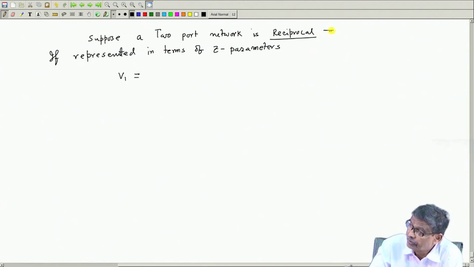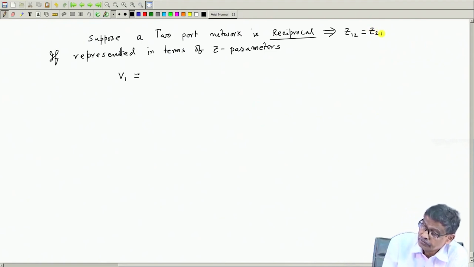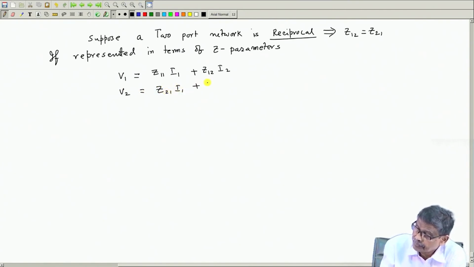So, reciprocal, so I know that Z12 is equal to Z21. So V1 is equal to Z11 I1 plus Z12 I2, and V2 is equal to Z21 I1 plus Z22 I2.